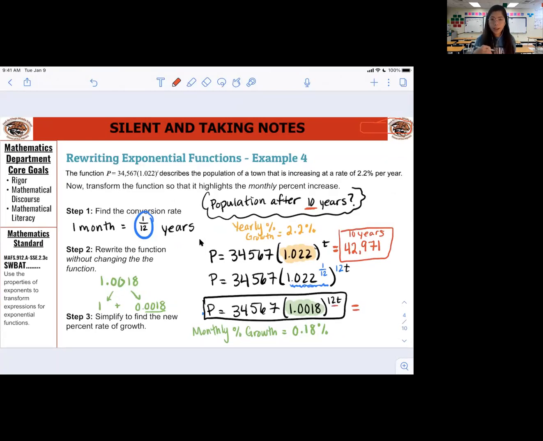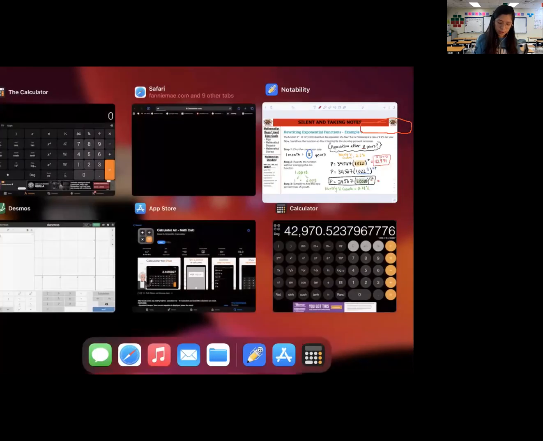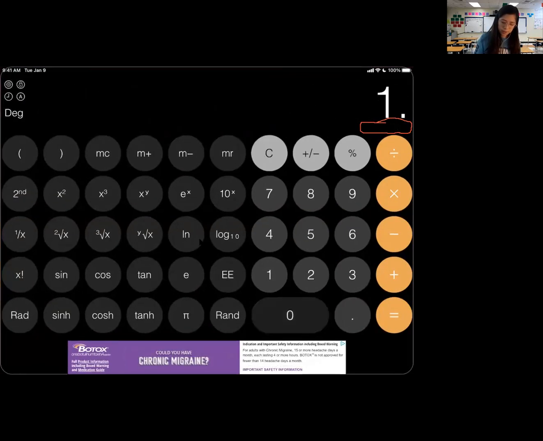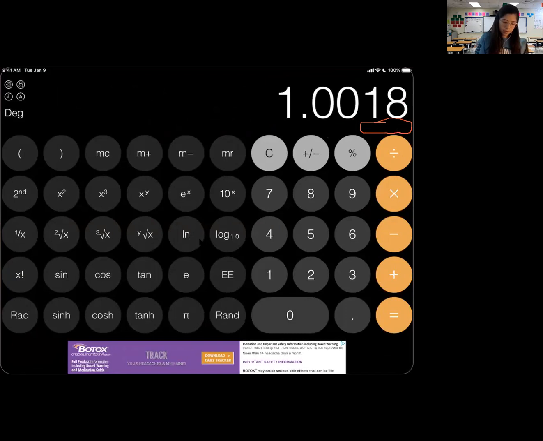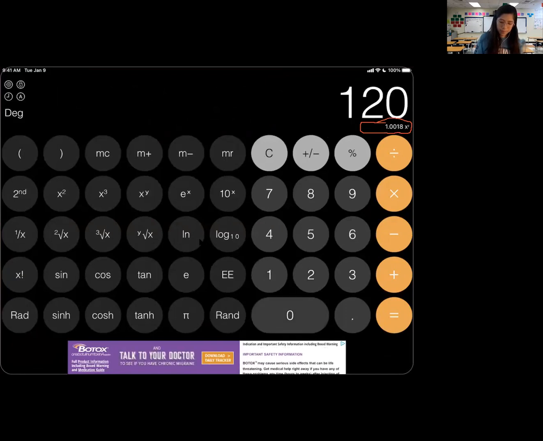So I'm plugging in 10 for t, but then I have to multiply it by 12 because there's a 12 in the exponent. So I'm going to plug in 120. So it's 1.0018 to the power of 120 times 34567.